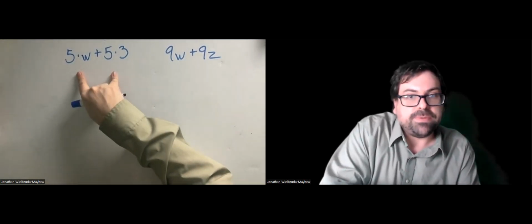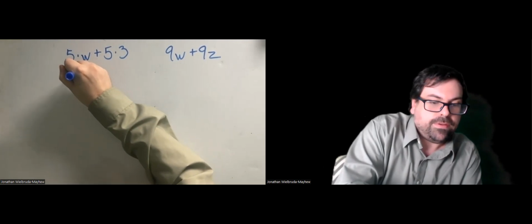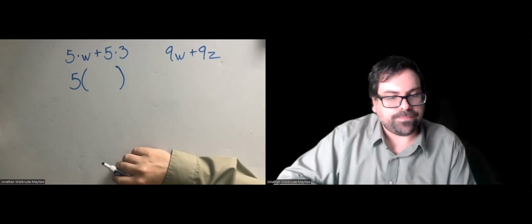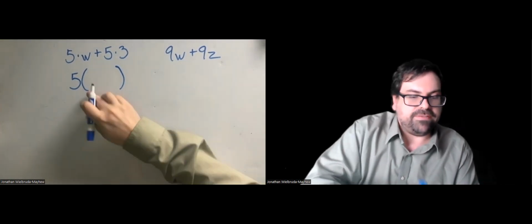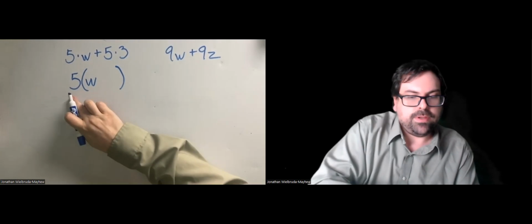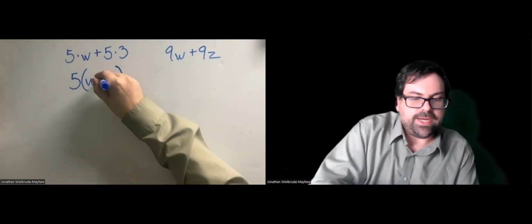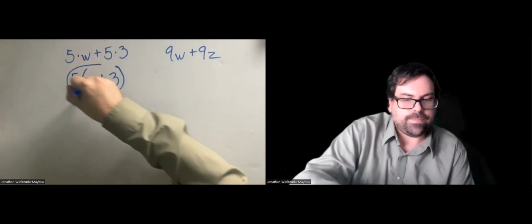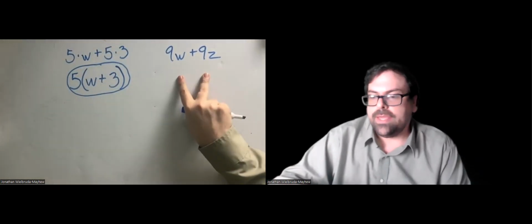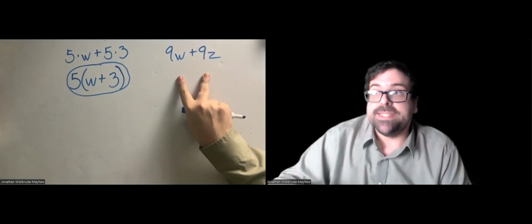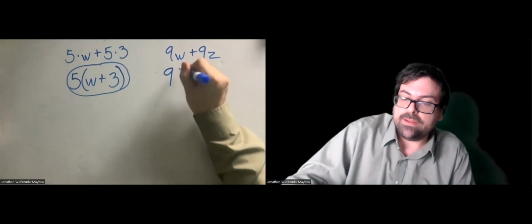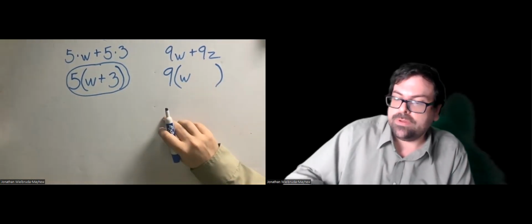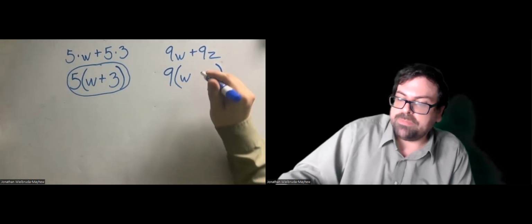Here, both of these are multiplied by 5. So a 5 is what's on the outside. 5 times w. 5 times positive 3. Here, both of these have times 9, so 9 on the outside. 9 times w. 9 times positive z.